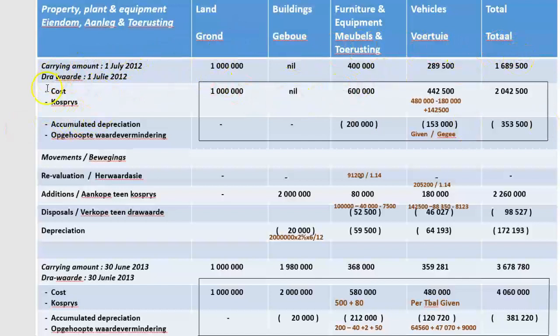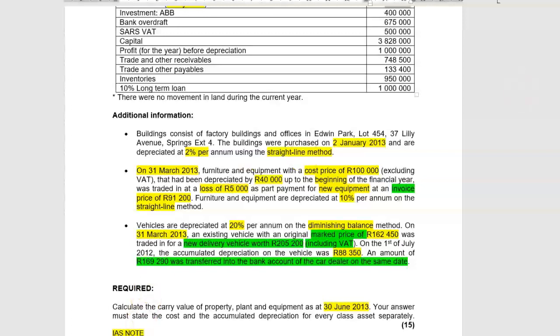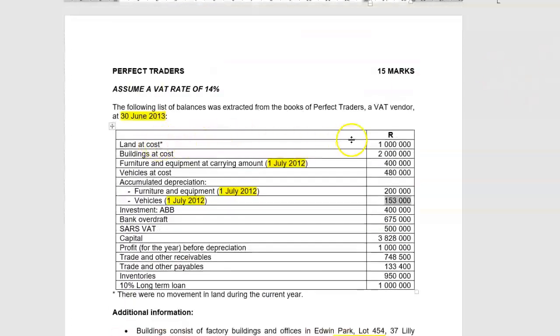Good. The IAS 16 note starts with the carrying value of the assets as at the beginning of the year. And you have to distinguish between the cost price of the asset as well as the accumulated depreciation on the asset. Now, in the beginning of the year, we only had land at a cost of R1 million, because the R2 million worth of buildings was acquired in the current financial period.